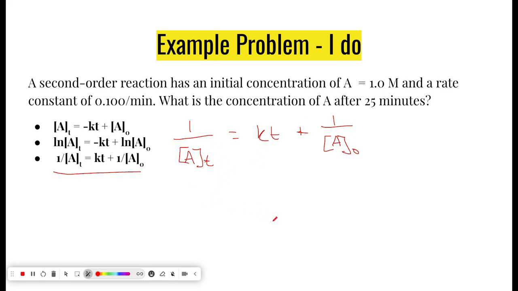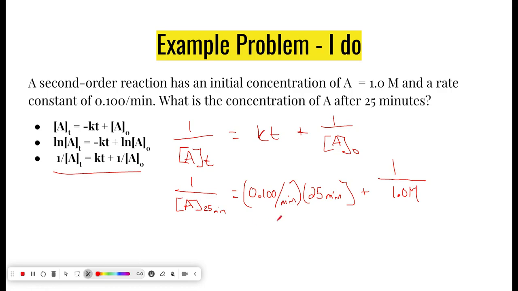Okay, so let's just begin to solve for this. I'm going to plug in my numbers here. Okay, so I've plugged in my numbers, guys, just so everyone can see. And now I'm going to go ahead and start reducing. So the minutes will cancel out. And then 1 over the concentration of A at 25 minutes is equal to... Okay, so after some reducing, I got this side to reduce to 3.5.